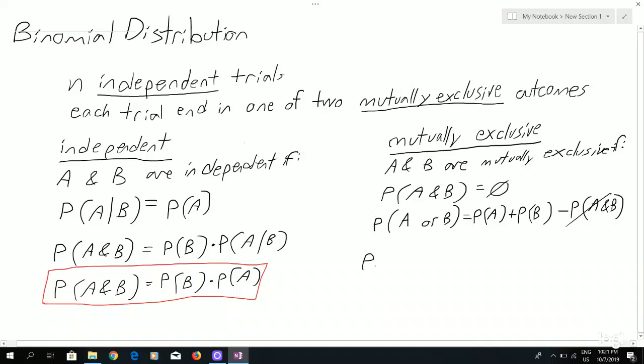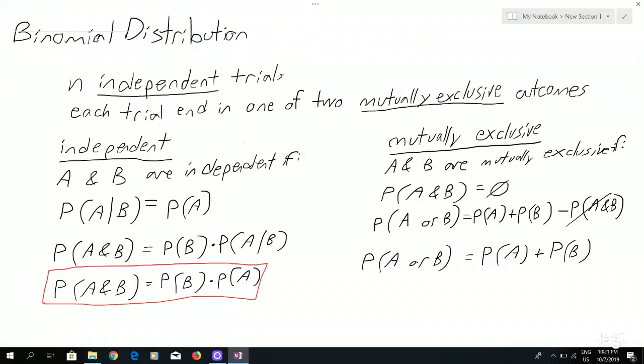And what we end up with is that the probability of A or B is just the probability of A plus the probability of B. That's the second rule that we're going to remember when we're talking about mutual exclusivity.